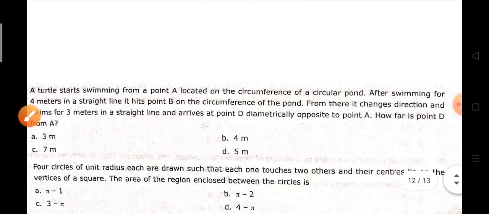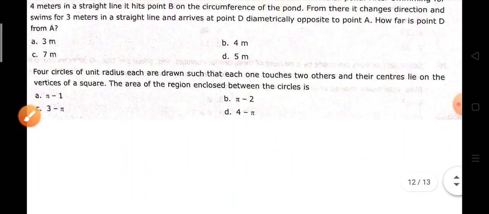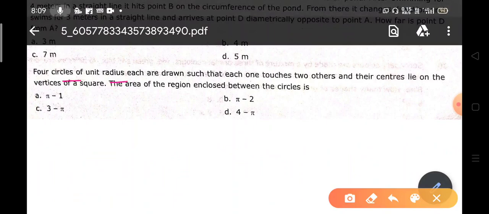Now the next question: 4 circles of unit radius each are drawn such that each one touches two others and their centers lie on the vertices of a square. Find the area of the region enclosed between the circles.